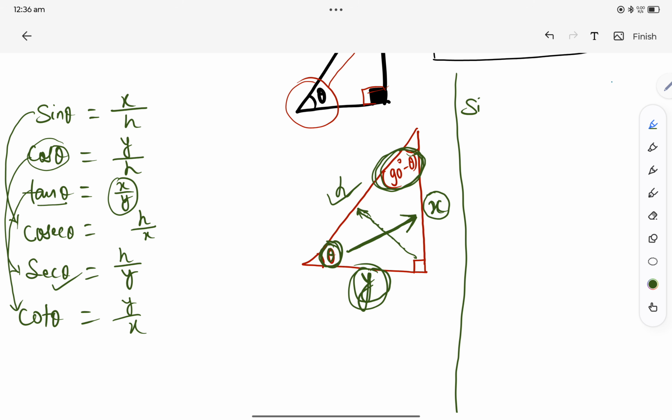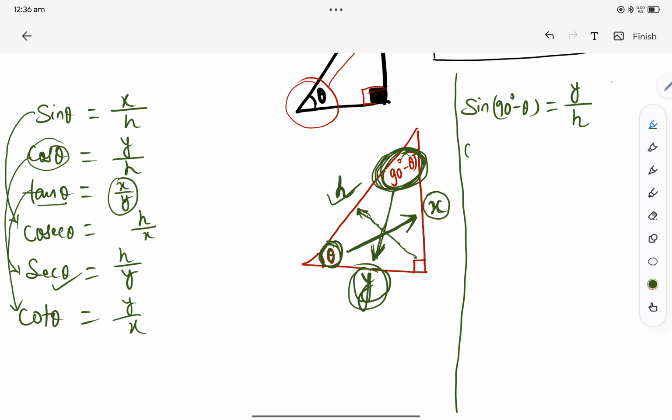So let us start with sine. So sin 90 degrees minus theta is equal to, now this angle is under consideration. So the side opposite to this angle is perpendicular, that is y, and the longest side will not change, so it will be h.